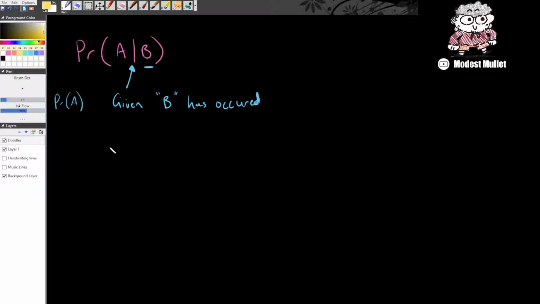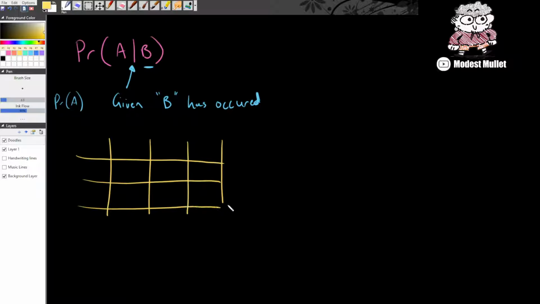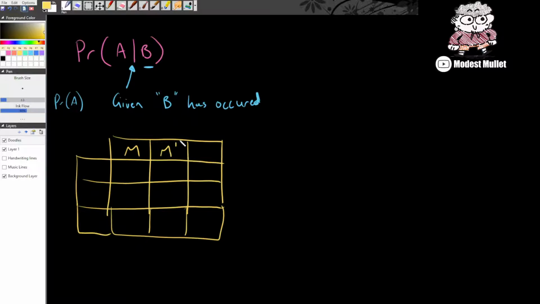off the bat. So let me build a quick two-way table. Let's say we're going to do a survey of year 8 students, and there's some students that like maths and some that don't. Remembering that that little dash symbol means the opposite or the complementary event.